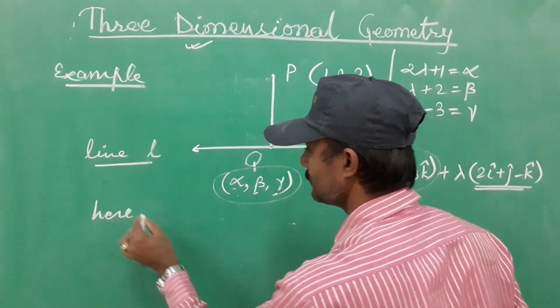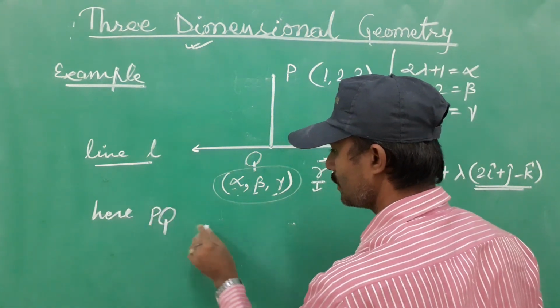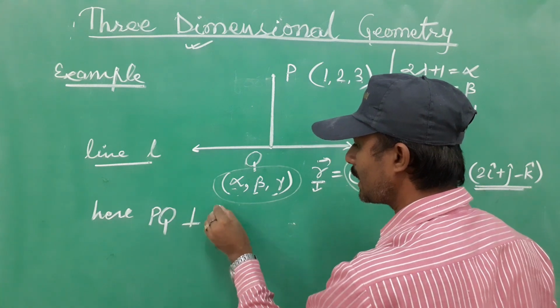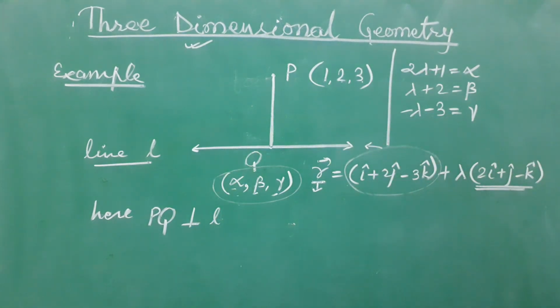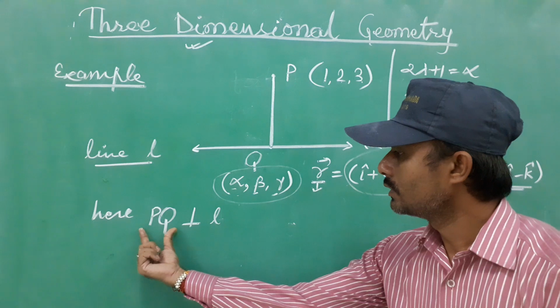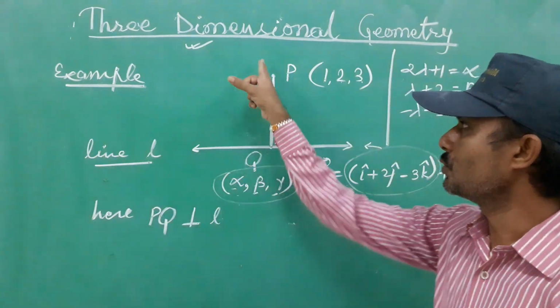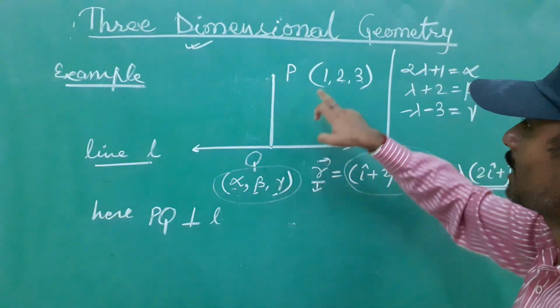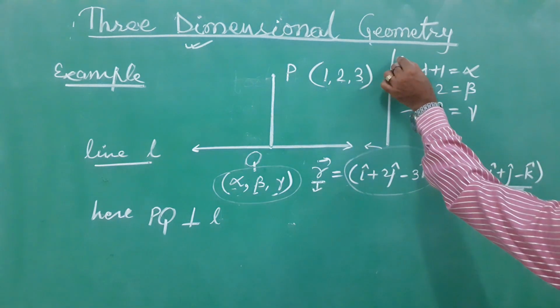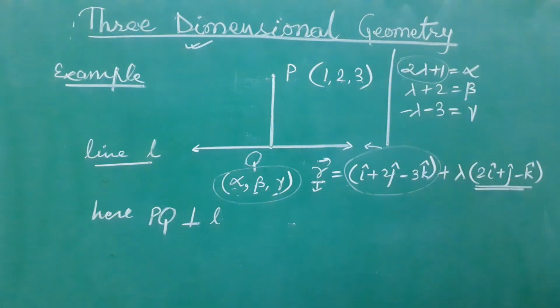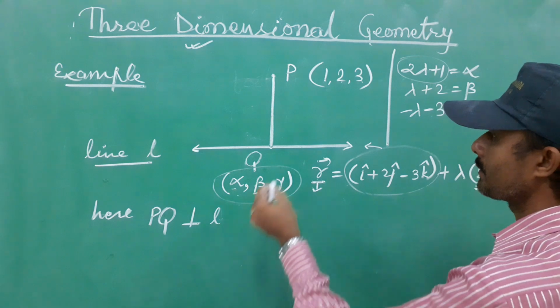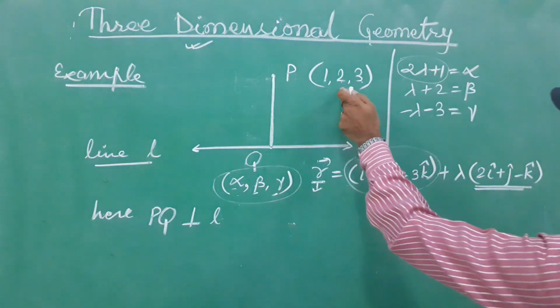Here PQ perpendicular to the line L. So the direction ratio of PQ, alpha minus 1, and the value of alpha is 2 lambda plus 1. And second, beta minus 2.